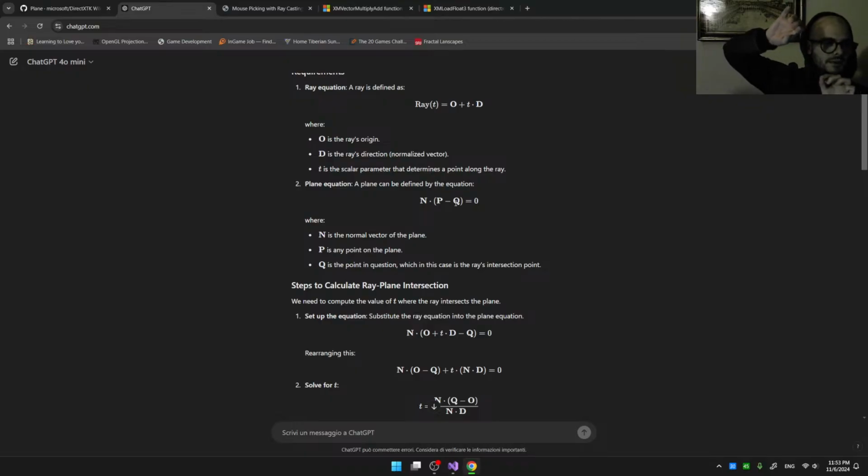If they are perpendicular, then the point denoted by P is on the plane. If they aren't perpendicular, the point is not on the plane. Okay, so steps to calculate the ray plane intersection.